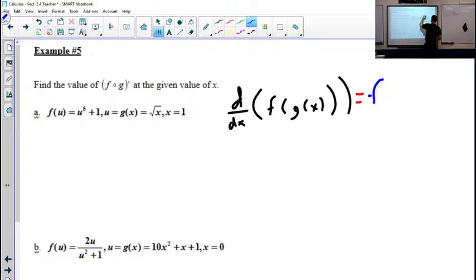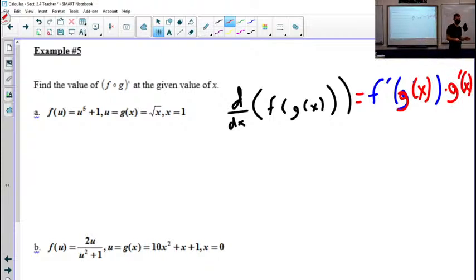So it was f prime of g of x times g prime of x. That's the more standard way of writing out the chain rule. Outside derivative of the inside function times derivative of the inside part.